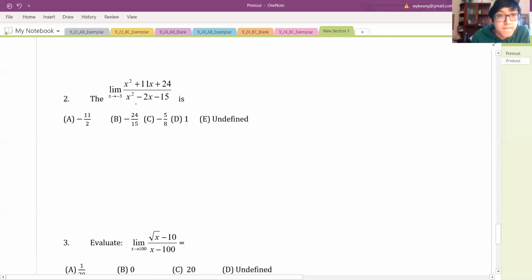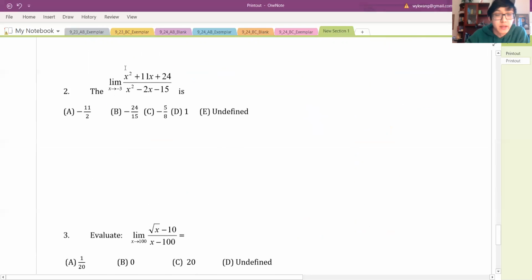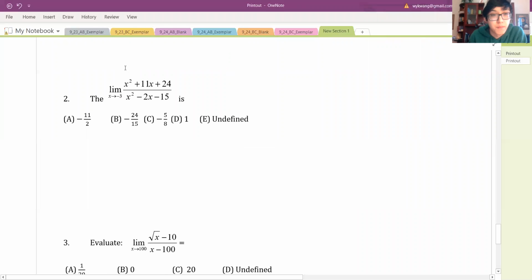Okay, let's just confirm we can use L'Hopital's, because I'm assuming this section is suggesting we should use L'Hopital's. So if I plug in -3 in the numerator, so -3 squared plus 11 times -3 plus 24, that's going to be equal to 9 minus 33 plus 24, which is equal to 0.